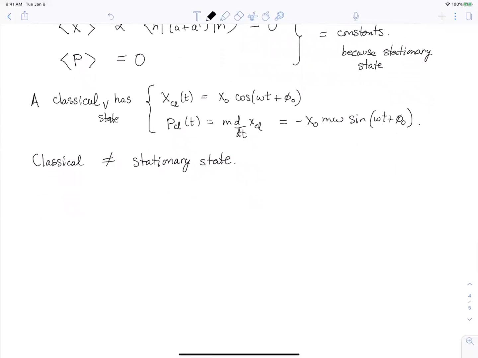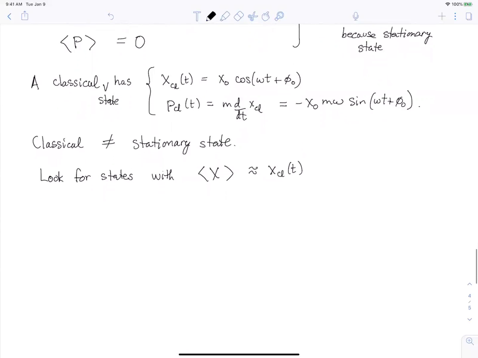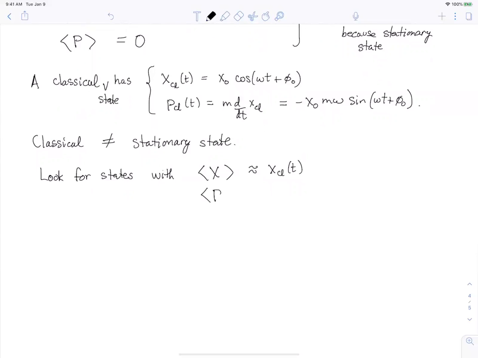Okay, so let's look for something that looks classical. We're going to look for states with expectation value of x in the state as close as possible to what we know the classical trajectory of our mass is, and p as close as possible to what we know its trajectory is.